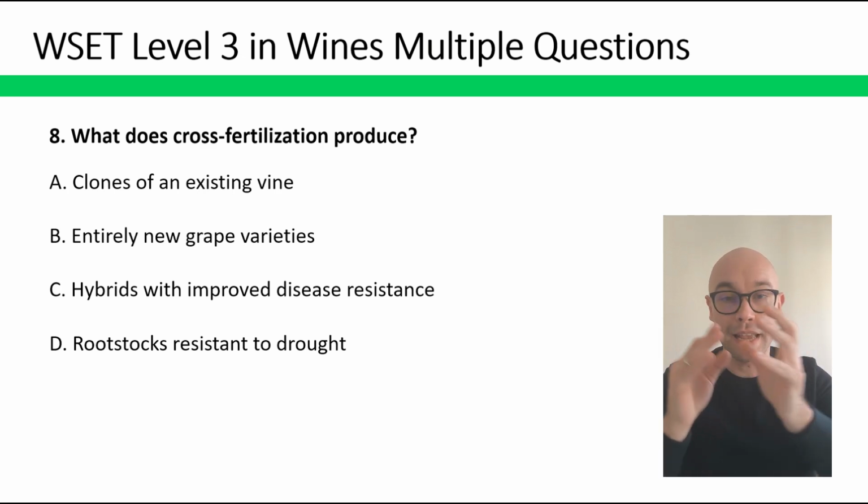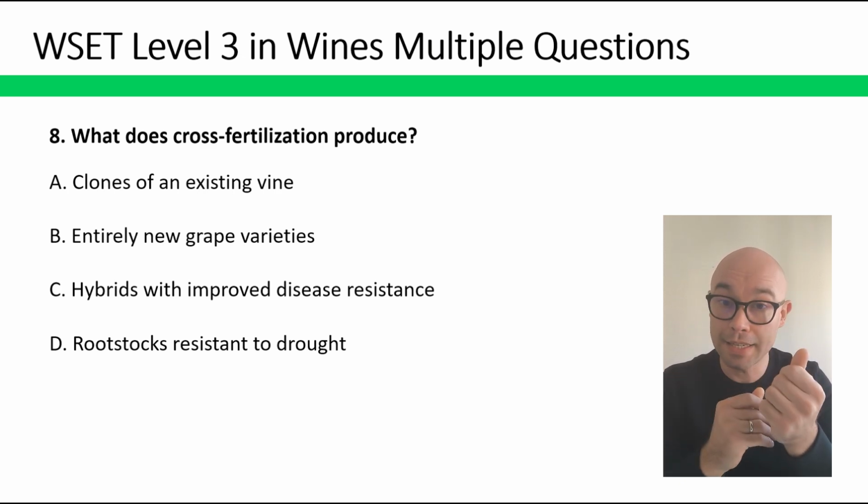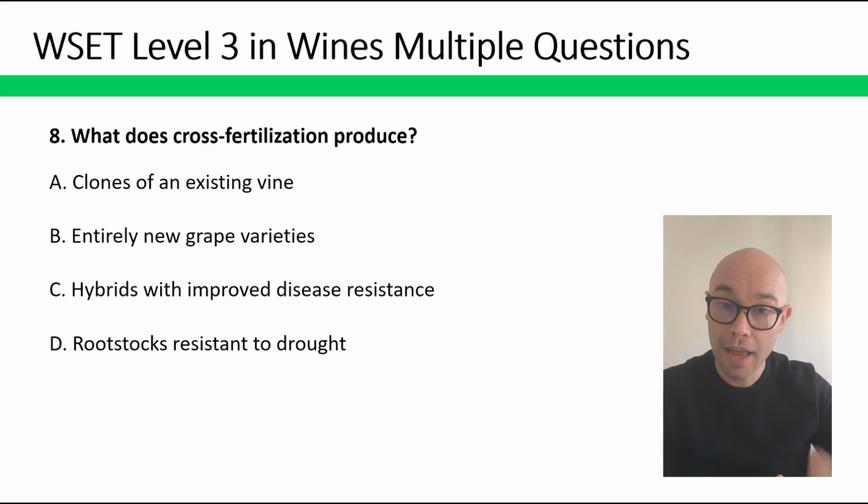Actually, you fertilize, and the fruit that you get has seeds, and you take those seeds and bury them, and the new vine will come out, but with totally different characteristics. So basically it's used to make new grape varieties, but the results are unpredictable.